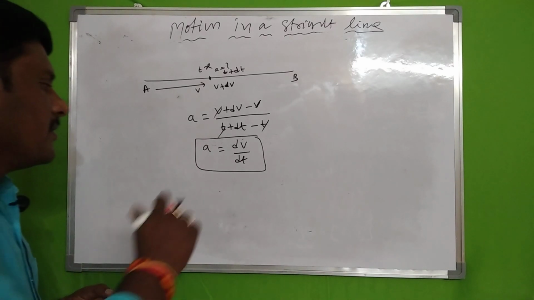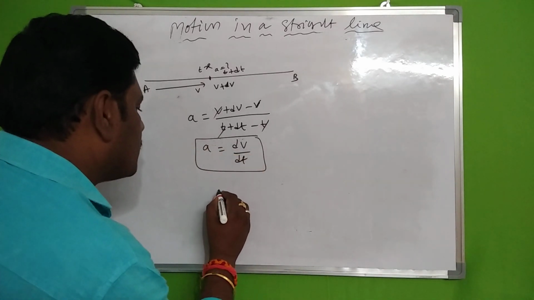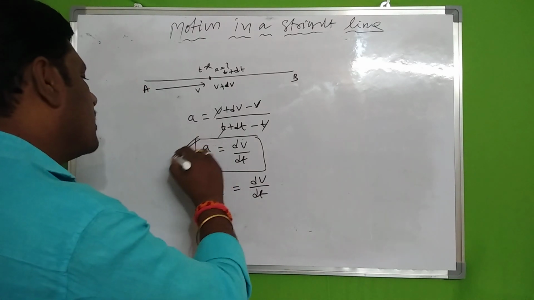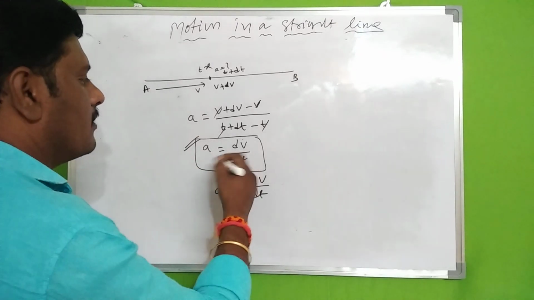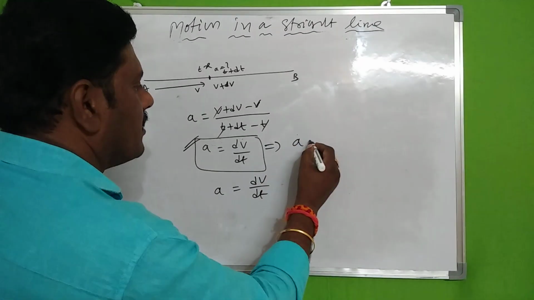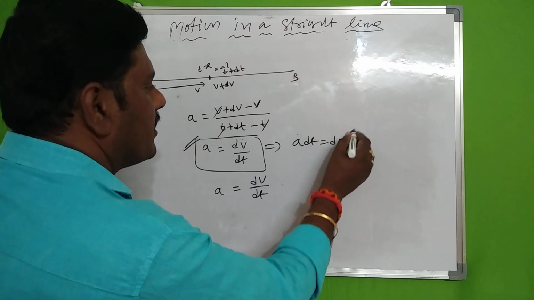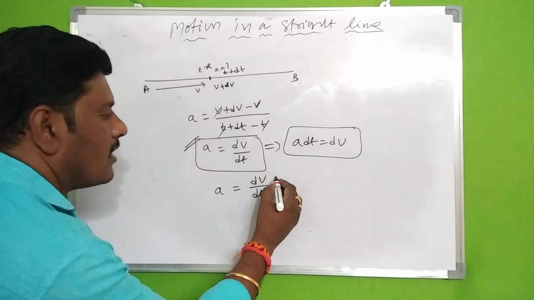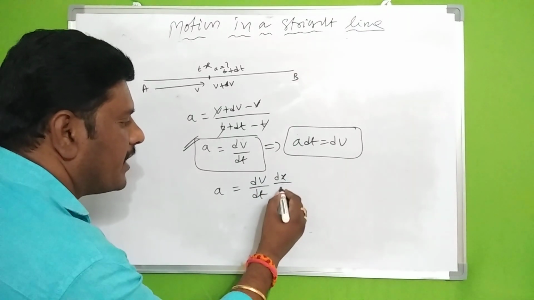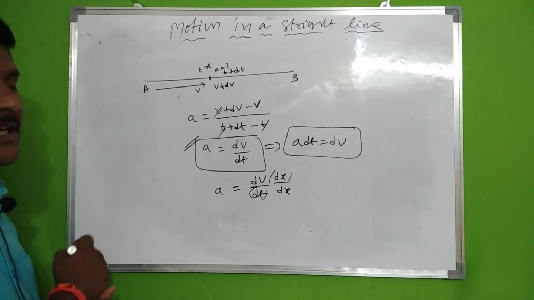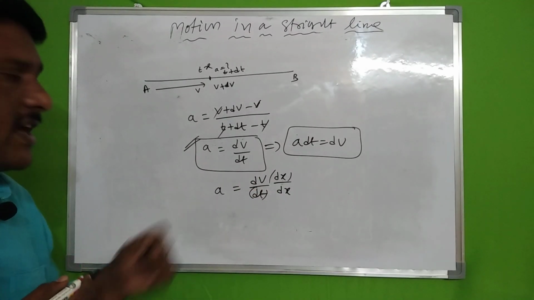We can also write the formula. So a equal to dv by dt is one of the most important formulas. This can also be written as a dt equal to dv. Another formula: we can multiply and divide with dx. Dx by dt is nothing but the rate of change of displacement, known as velocity.